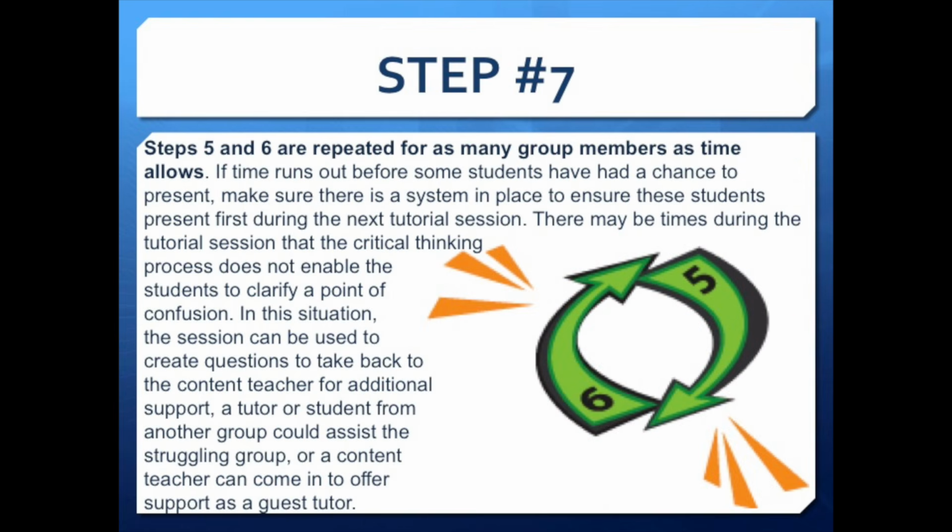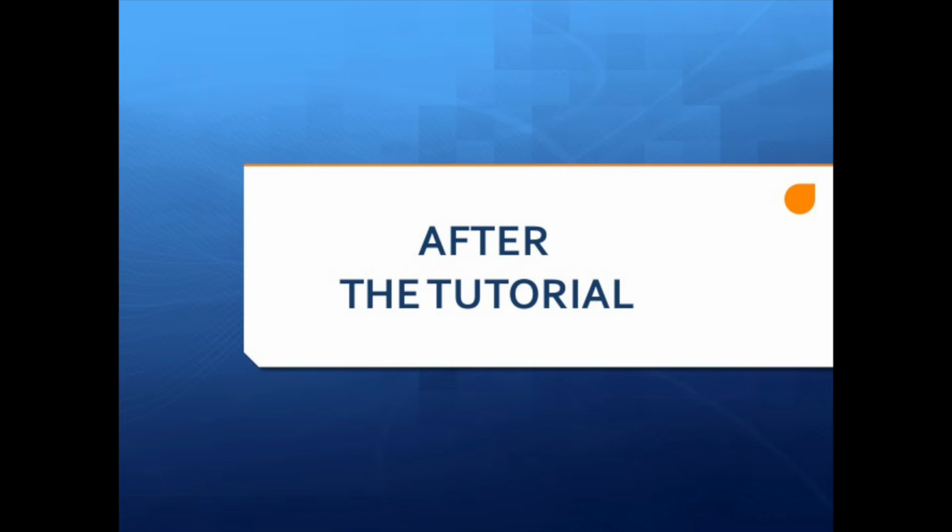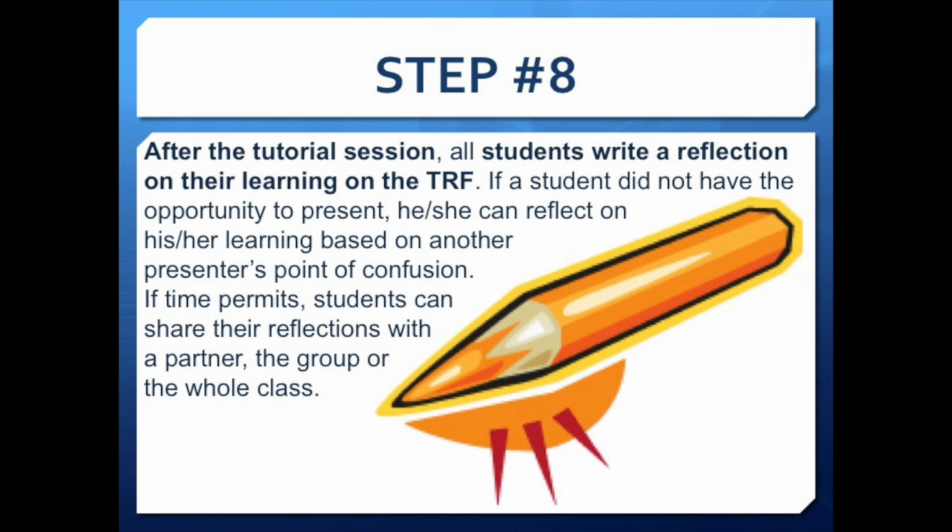Step 7 is easy. You just repeat steps 5 and 6 to make sure that all group members have a time up at the board. The last 3 steps are done after the tutorial. Following the tutorial session, this will be on Thursdays, you will write a reflection on your learning about the tutorial process.